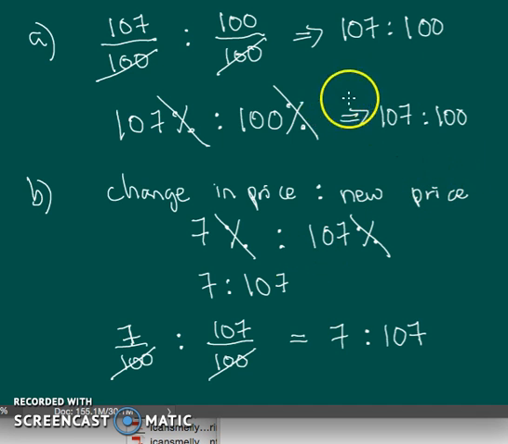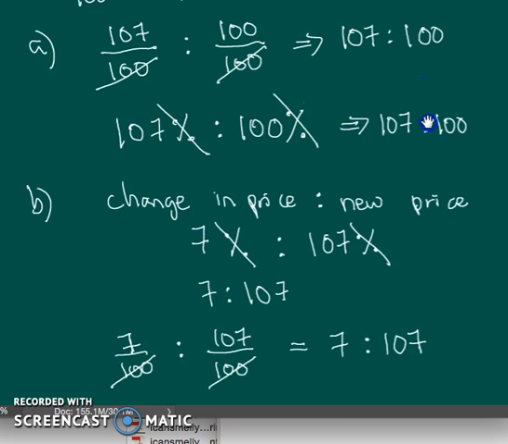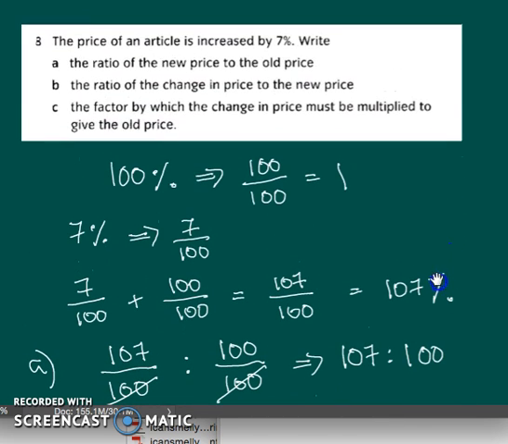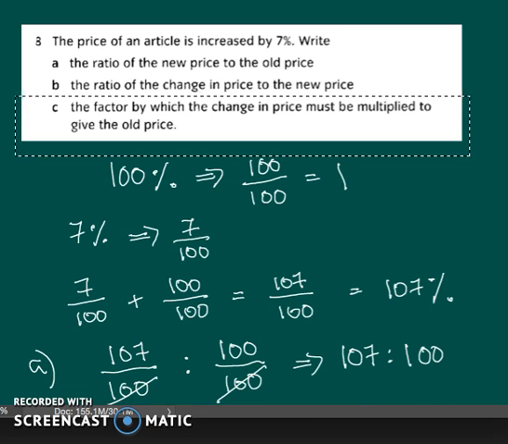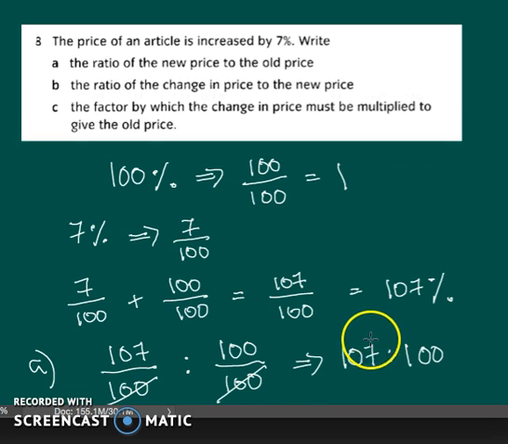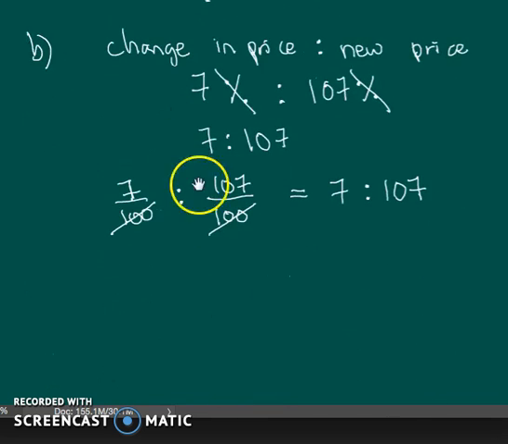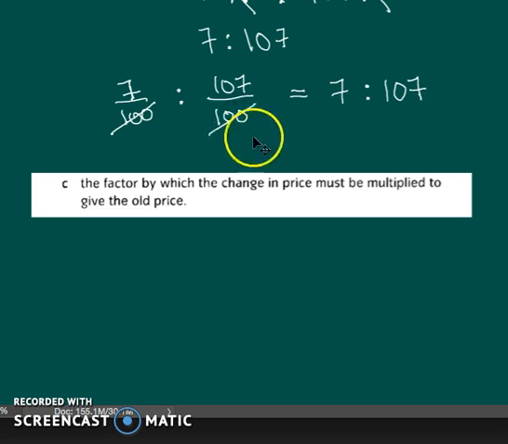All right, let's take a look at part C. The factor by which the change in price must be multiplied to give the old price. So I'm just going to go ahead and copy this little piece, bring it down to the bottom so that we can look at the question while we're doing our work.